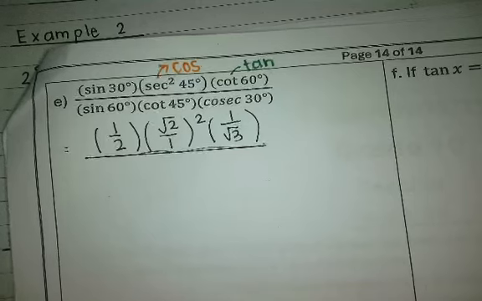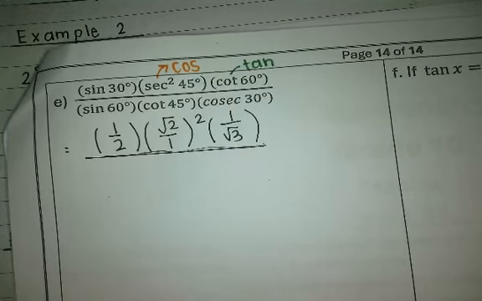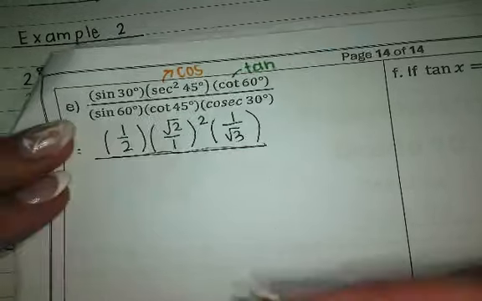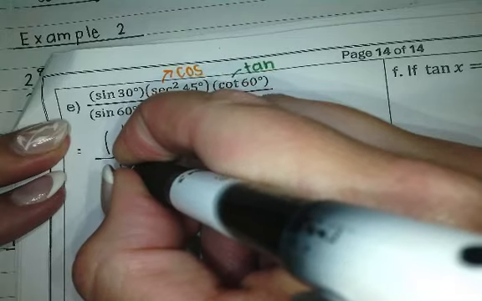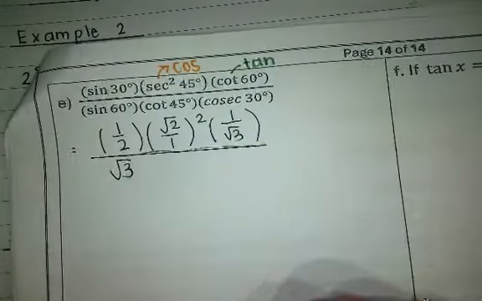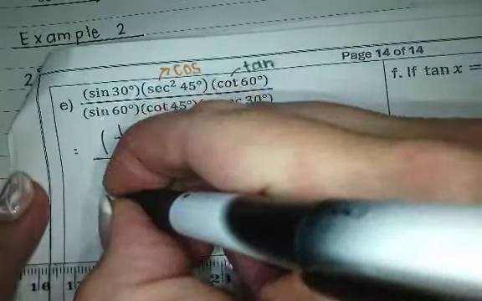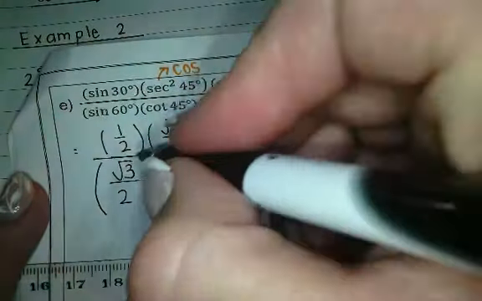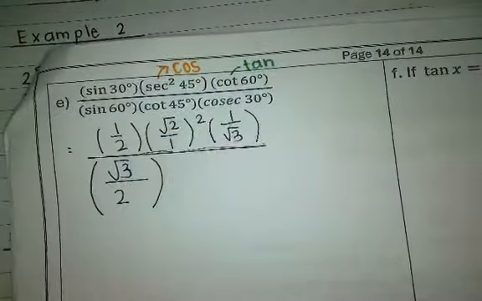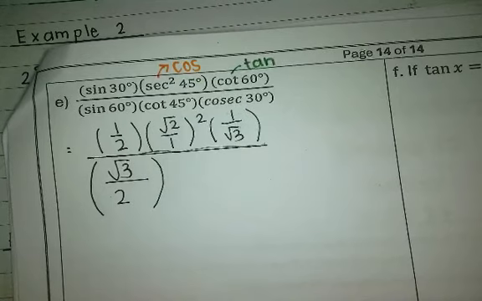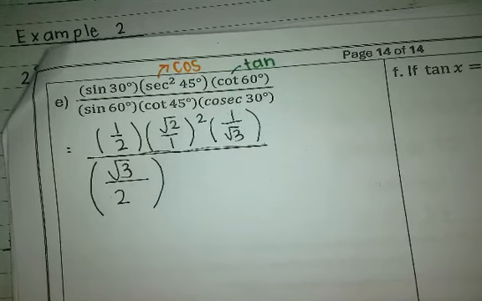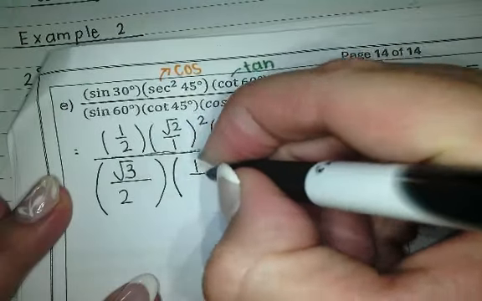Okay, sin 60. I'm not going to go back to the triangle, so it's SOH CAH TOA, it's square root 3 over 2. Cot is the reciprocal for tan, so we'll go find tan 45 together, or alone it stays 1. 1 over 1, swap around, 1 over 1, it stays 1.